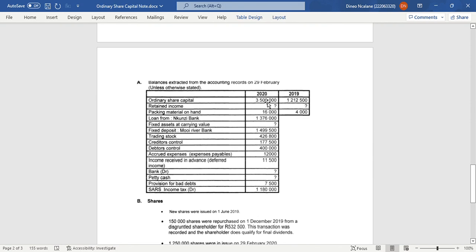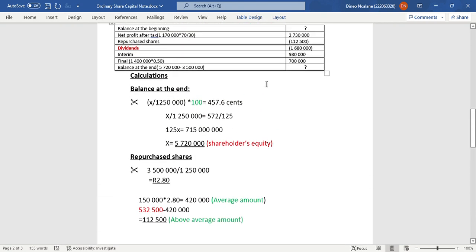This is the balance for the ordinary share capital at the end, and this leaves us with, let me calculate that for you quickly, 2,220,000, which is your balance at the end for the retained income.